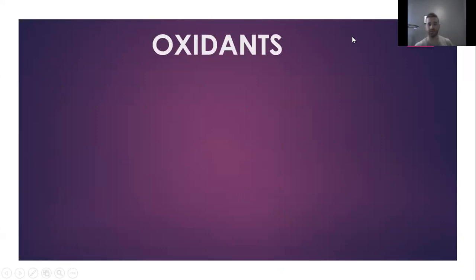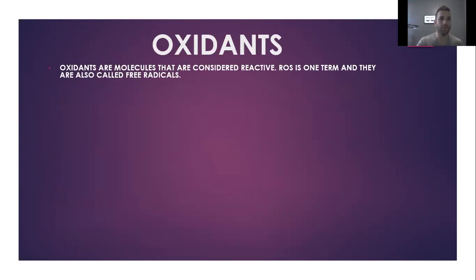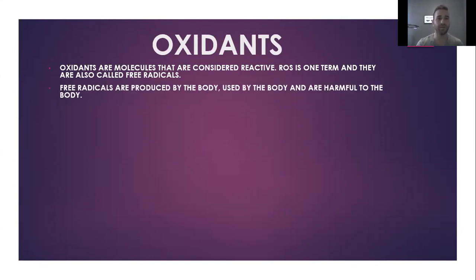Okay, oxidants, which we just talked about, but we're going to continue. So oxidants are molecules that are considered reactive. ROS is one term, and they are also called free radicals. Free radicals are produced by the body, used by the body, and are harmful to the body. So those are just a bunch of ways that I've come across free radicals in my learning, my education: we produce them, okay?